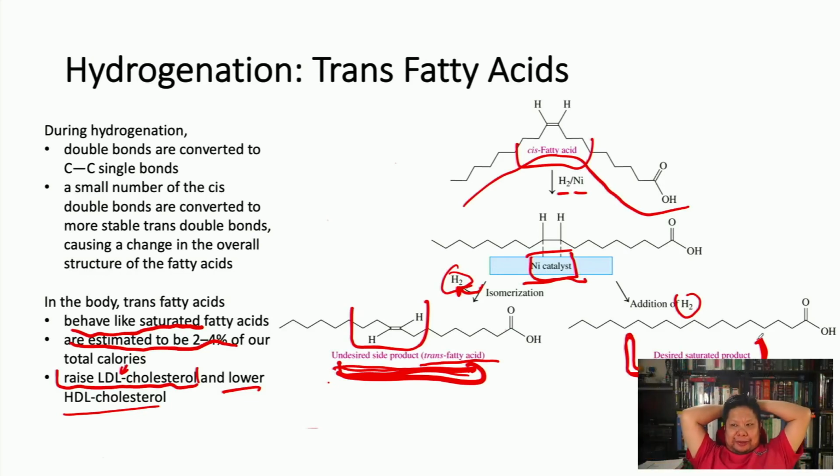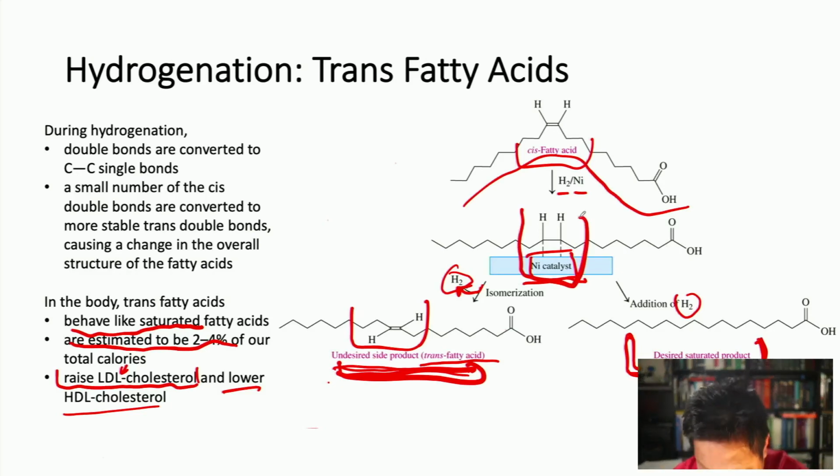So why not just go with the naturally saturated stuff anyway, when it's better for you than the partially hydrogenated stuff? Because you don't have to go through this reaction here to hydrogenate it and possibly get the undesired trans fatty acid, because trans fatty acids are bad for you. Trans fatty acids raise your LDLs and lower your HDLs.